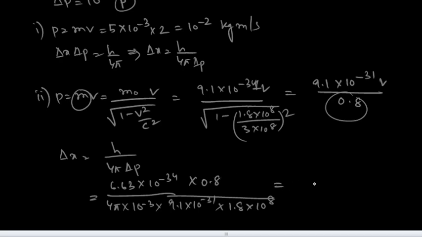The value we get is 2.5 into 10 to the power minus 10 meters, or 2.5 angstrom. That is the answer to the second part of the question.